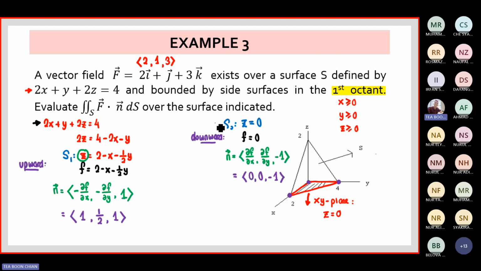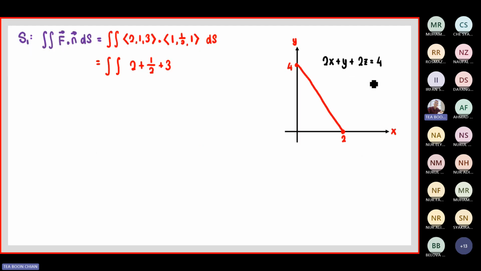We also have the second surface z equals 0. Remember yesterday, if we have the same pair of equations in variable z, we can solve them simultaneously. So 2x plus y plus 2z equals 4, and z equals 0. Combining everything together, we have the equation 2x plus y equals 4 because z is substituted by 0.